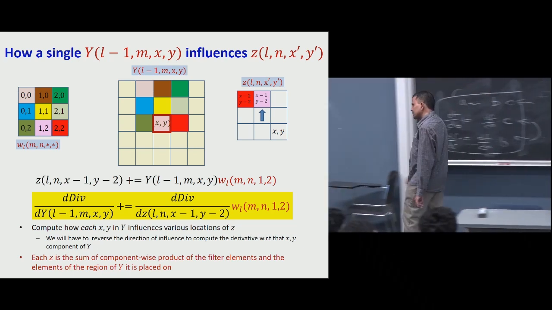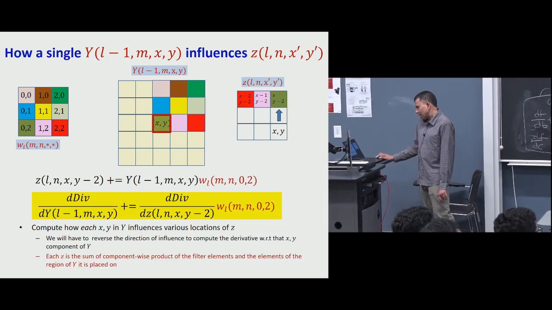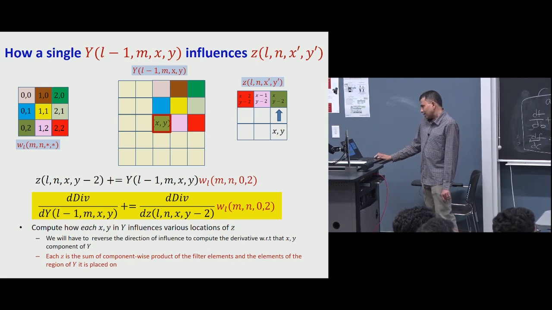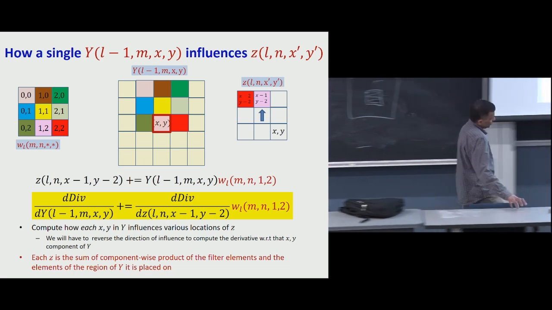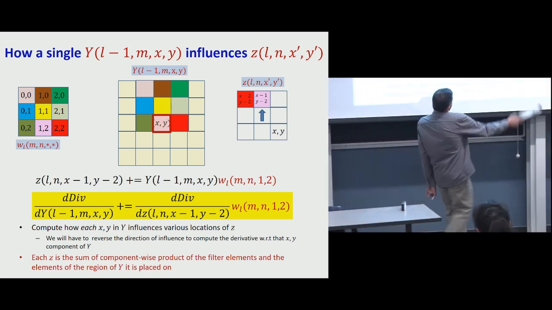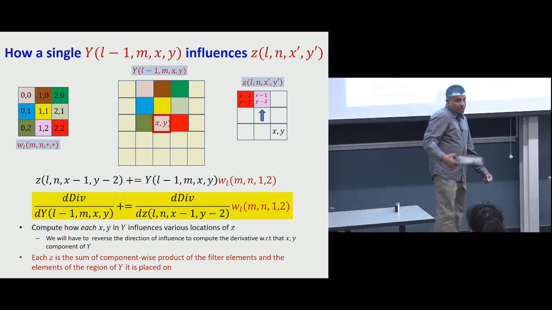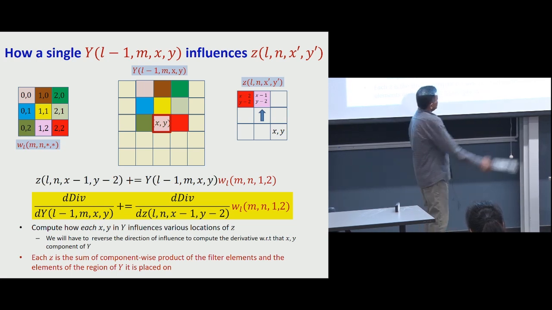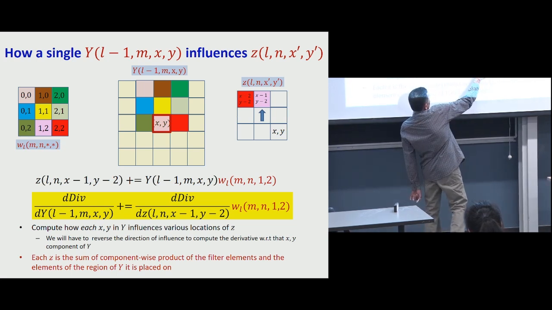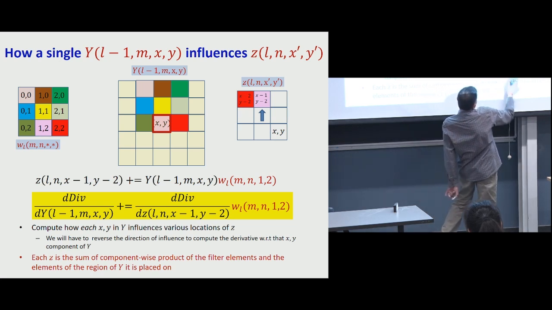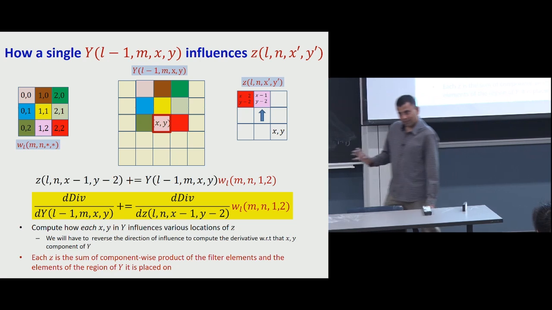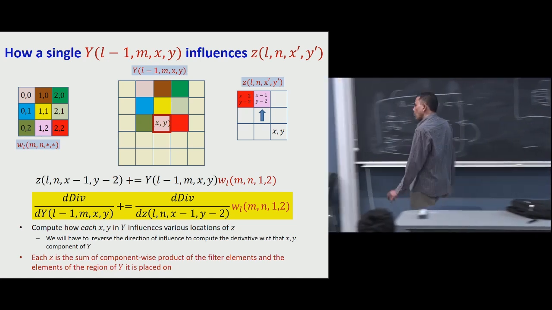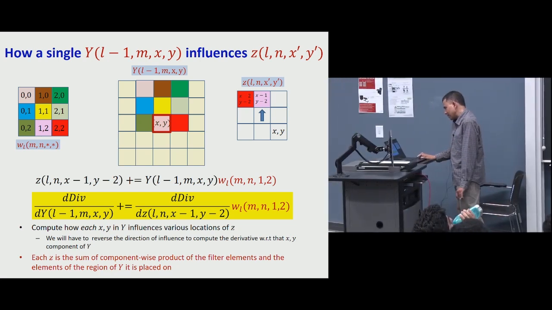And I can keep computing this forward. I go to the next one. And again, going back, this is the key piece, the derivative, okay? So the derivative with respect to xy now has an additional contribution: the derivative of the divergence with respect to zx minus 1, y minus 2 times weight 1, 2. Okay? Then I can slide the whole thing one step forward, like so.